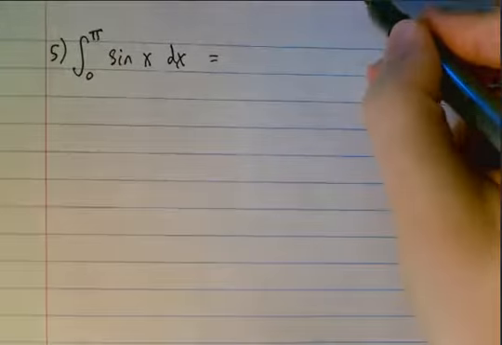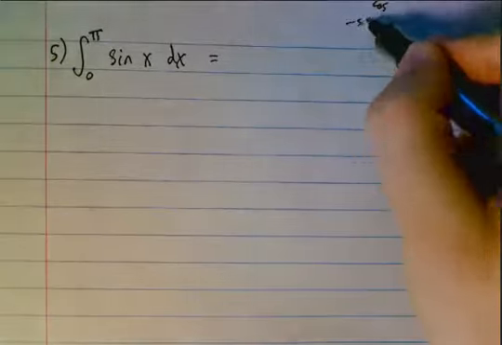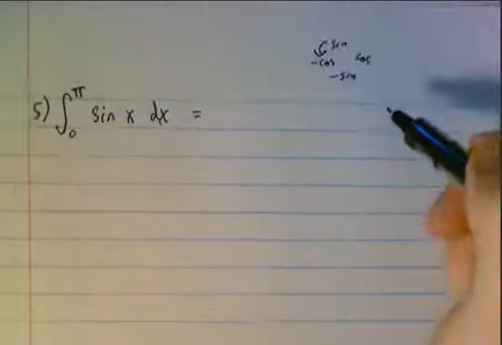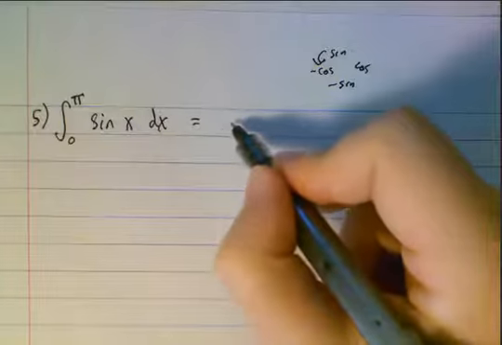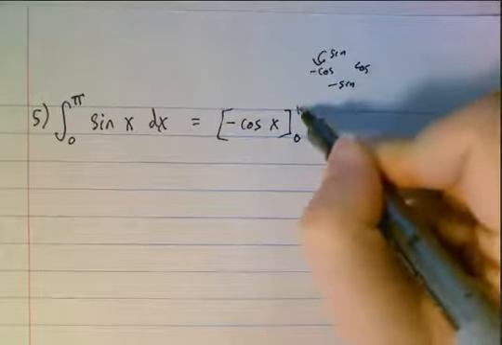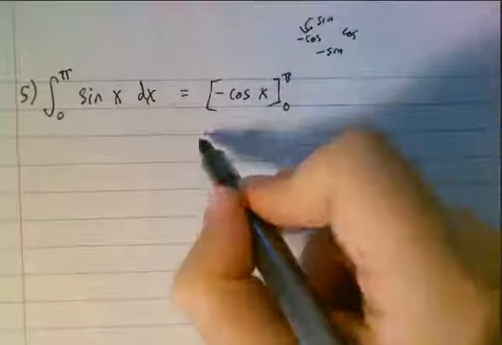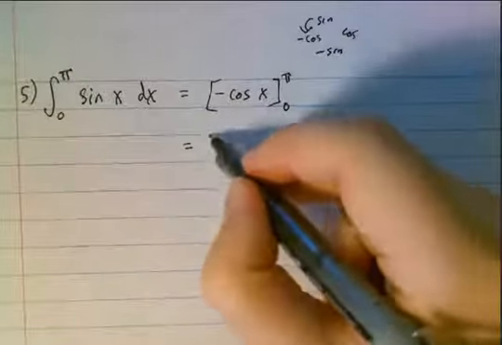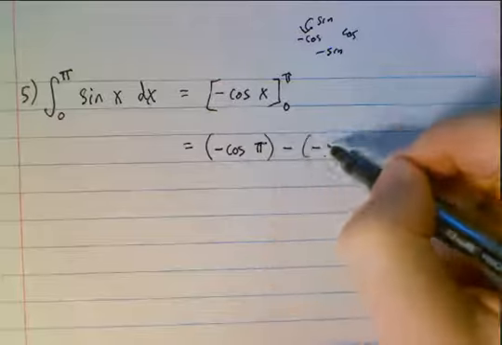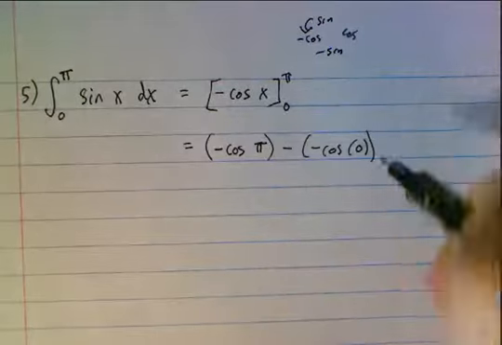So remember, we're doing the antiderivative, so we're going to go this way. So this is negative cosine of x. Our bounds are 0 to pi. So we're going to do negative cosine of pi minus negative cosine of 0.